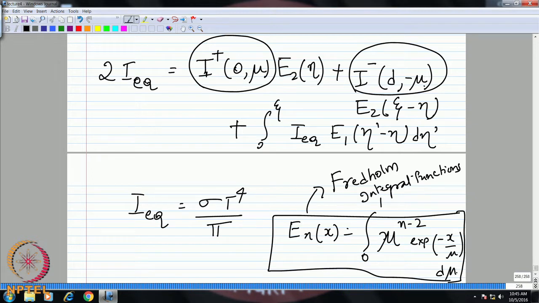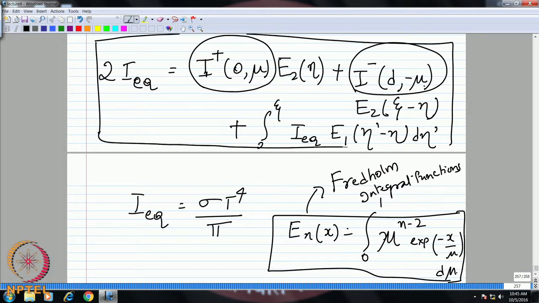So, all you have to do is calculate the temperature distribution as a function of eta. Eta is nothing but your non-dimensional y. I am defining eta as y by the mean free path, and zeta is nothing but the inverse of your Knudsen number.